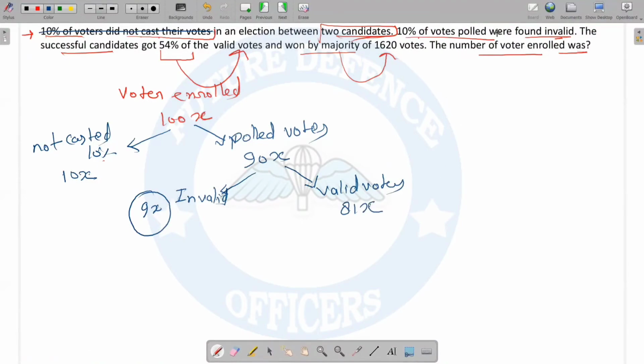They are telling us the successful candidate got 54% of the valid votes.